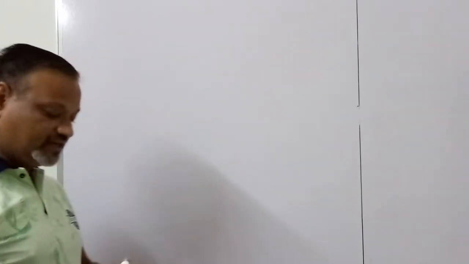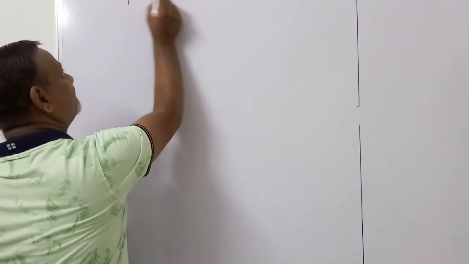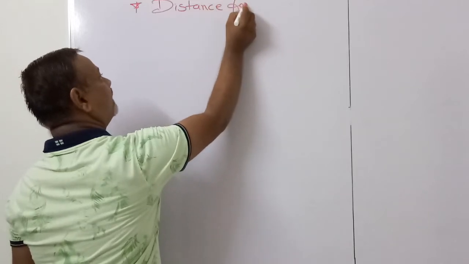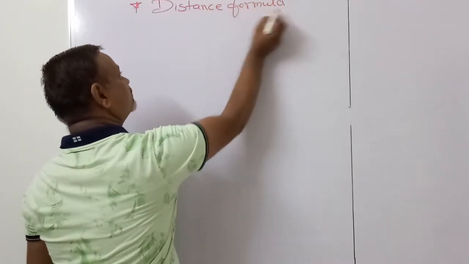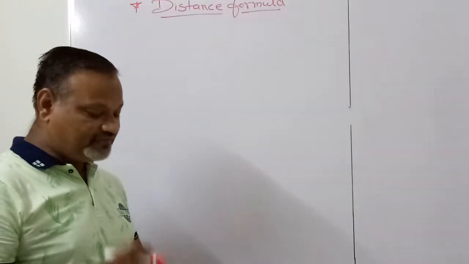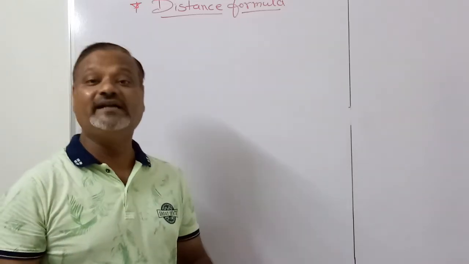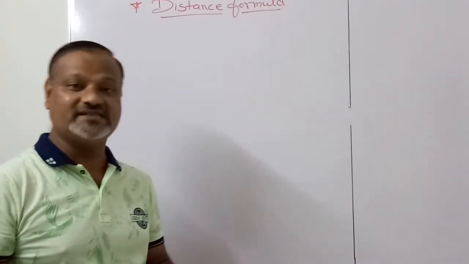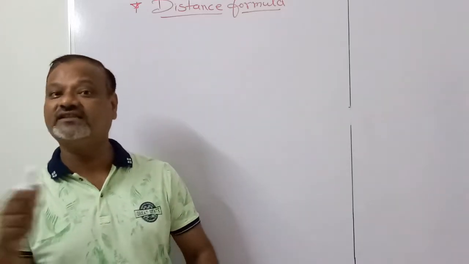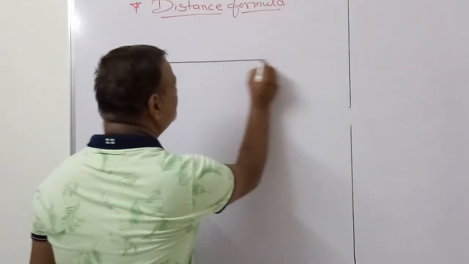Before I start the distance formula, let me recall the previous knowledge about distance. Just go to the third standard. In the third standard, we learn about the number line.